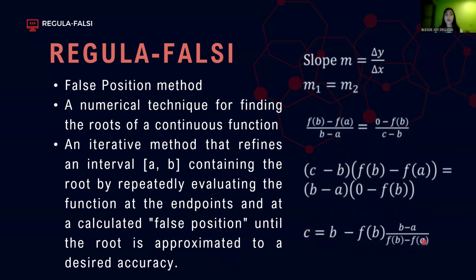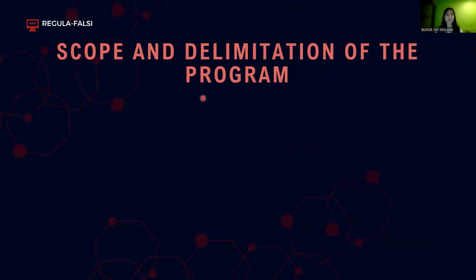With that, we now have the c, or the formula for Regula-Falsi. It is c equals b minus f of b multiplied by b minus a all over f of b minus f of a. Continuing, now let's discuss the scope and the limitation of the program that I have made.